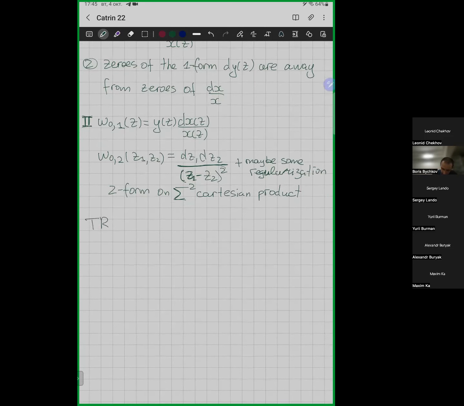Topological recursion produces n-forms omega_{g,n} on the Cartesian product Sigma to the power n of our spectral curve. And who is this omega_{g,n}?